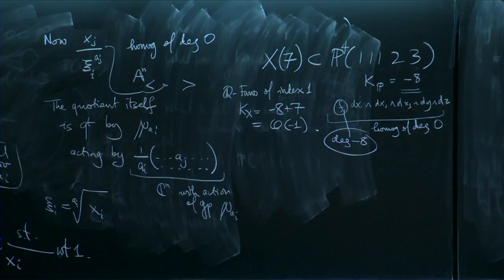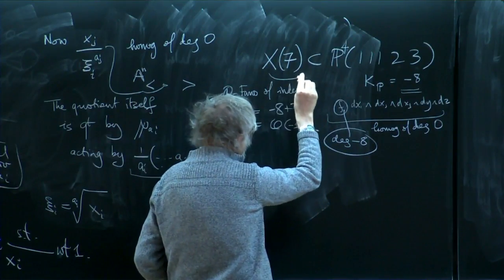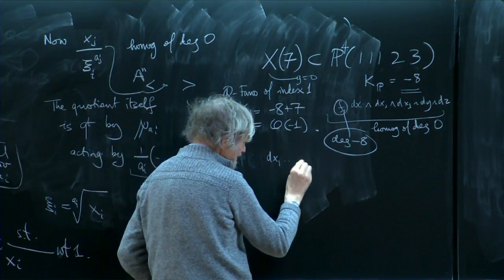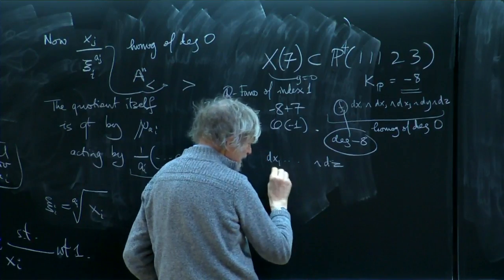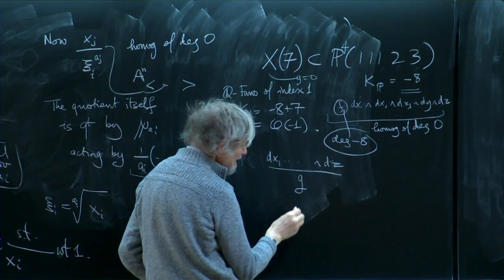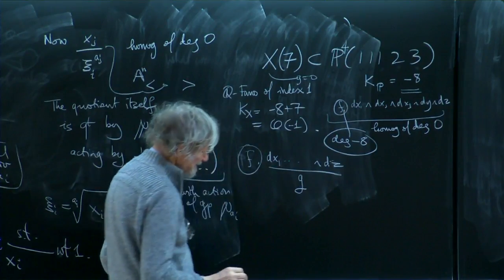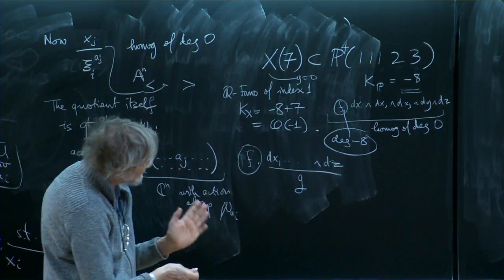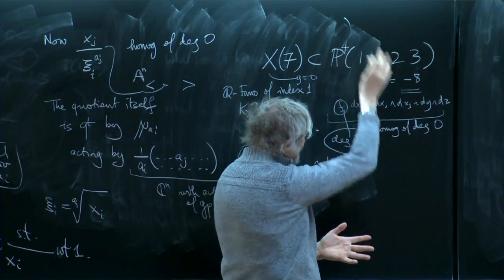Again, if this is given by g equals 0, you can think of this as dx1 wedge dxn dz divided by g, and then I have to multiply this by something to make it homogeneous of the right degree. It's a bit more complicated than this, because this is a quotient by C star acting like that.